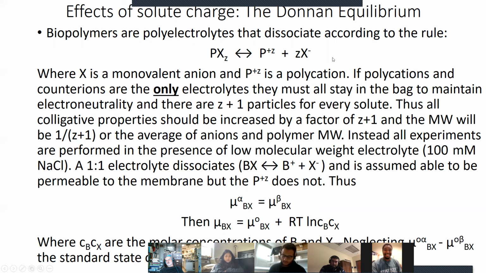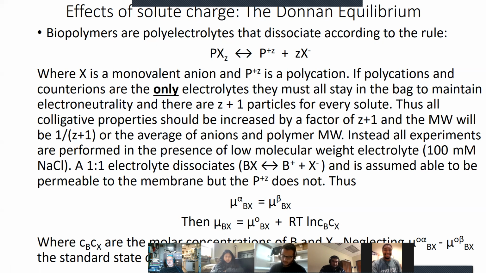So this is essentially saying in the absence of excess salt, and so they must stay in the bag. But what that means is you have one protein and Z anions. And that means you have Z plus 1 particles in the solution.